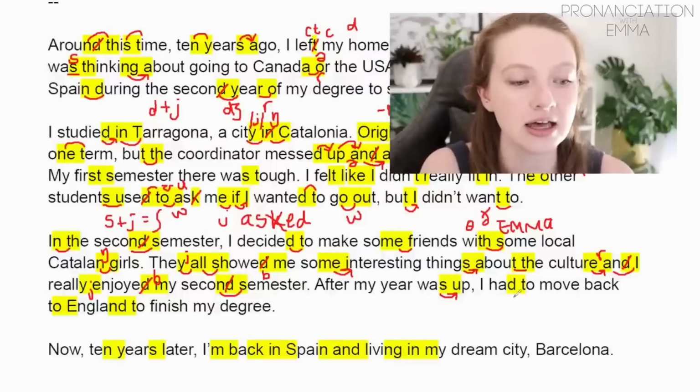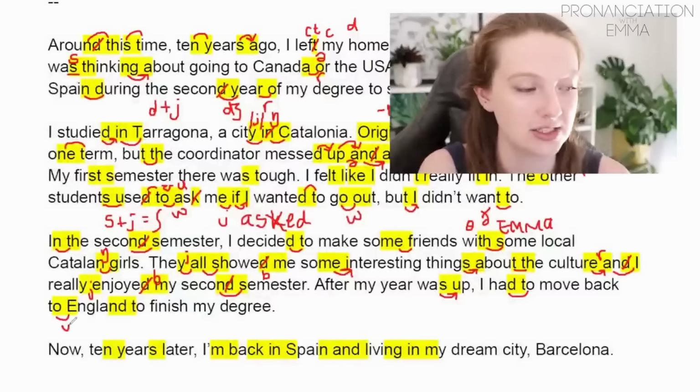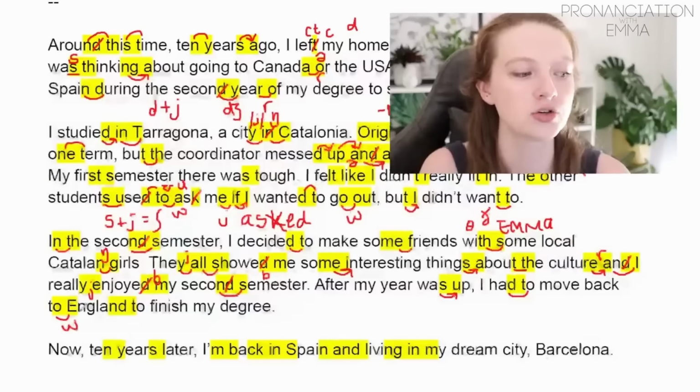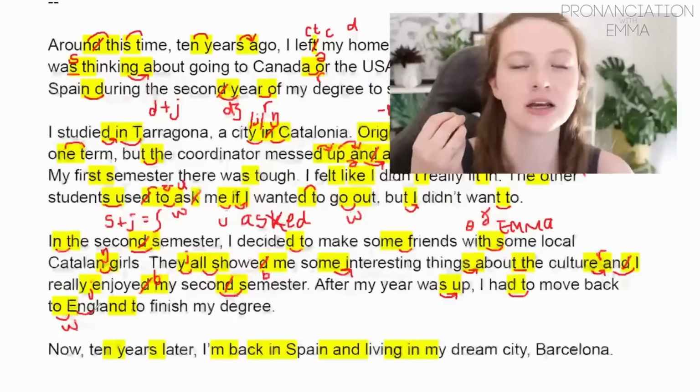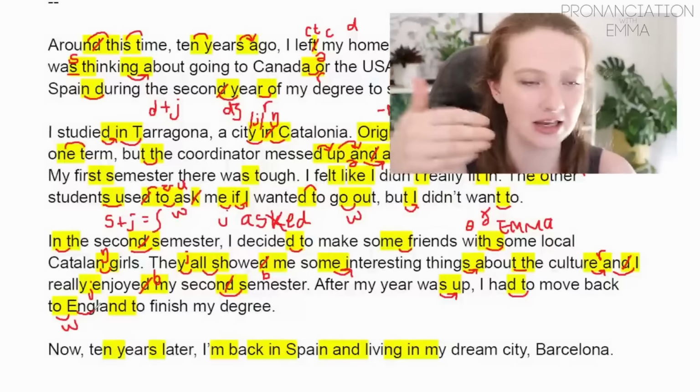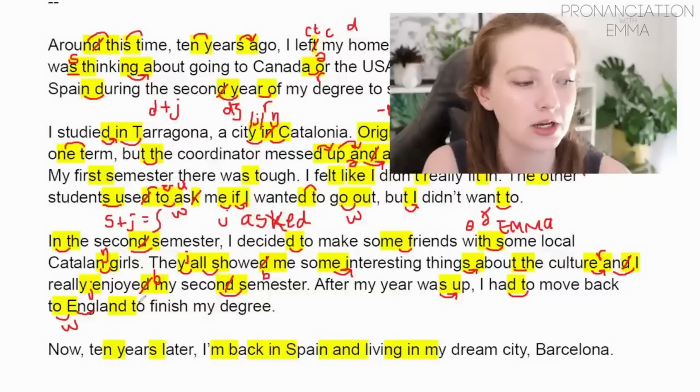I had to move back to England with that w sound, to wing. And this sound here, a lot of students say "Ing-land" because they see an n in there, but it's an "ing", okay? To wing, England.